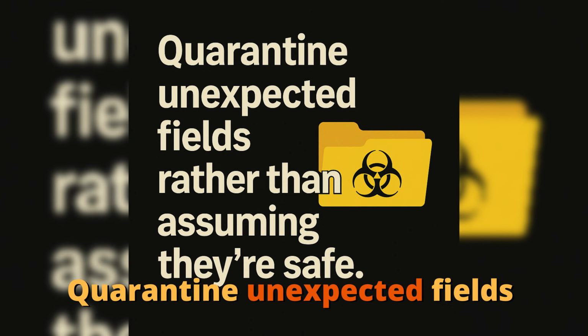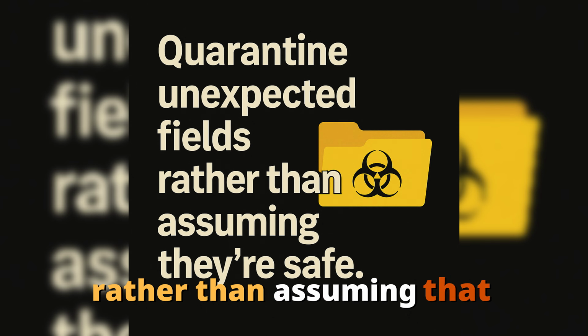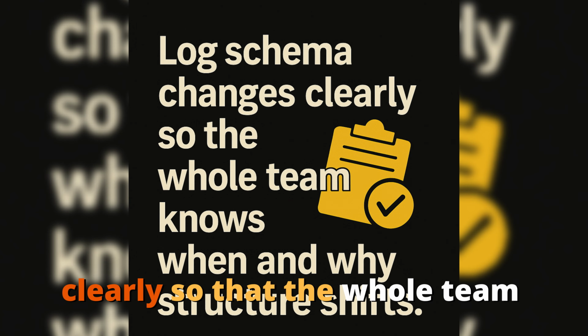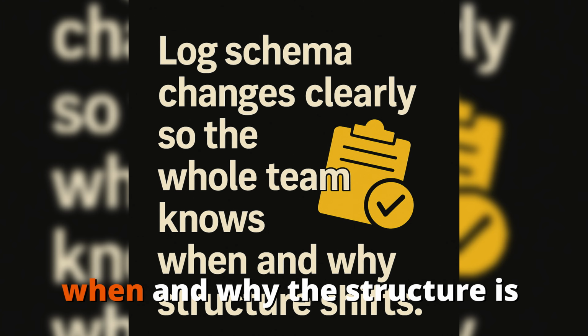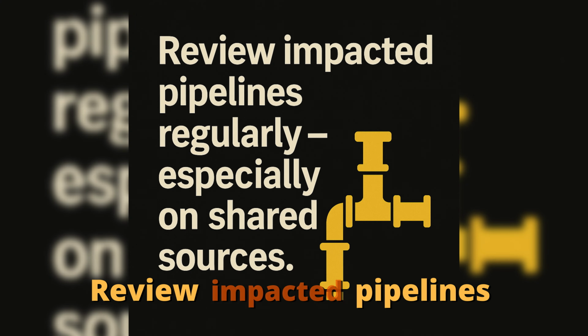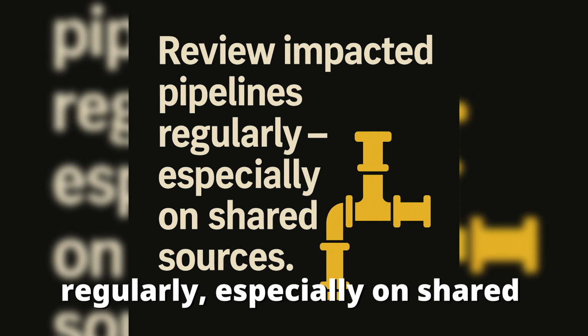Quarantine unexpected fields rather than assuming that they're safe. Log your schema changes clearly so that the whole team knows when and why the structure has shifted. Review impacted pipelines regularly, especially on shared resources.